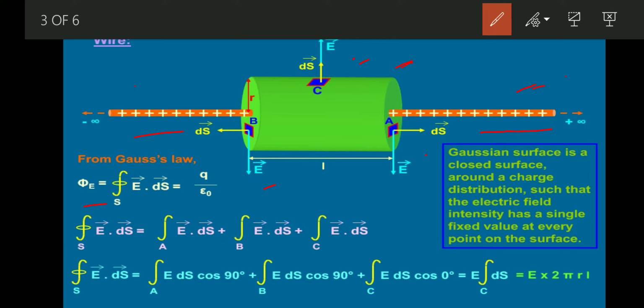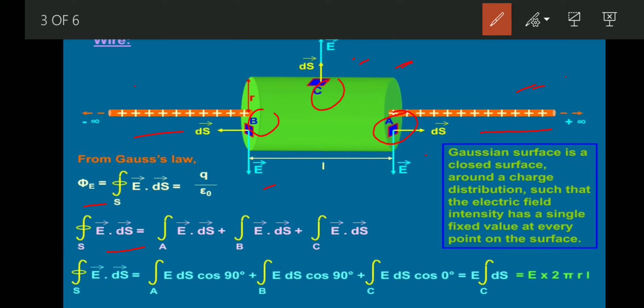Now we will divide this whole surface integral into different parts: E dot ds for A, for B, and for C, which is this.